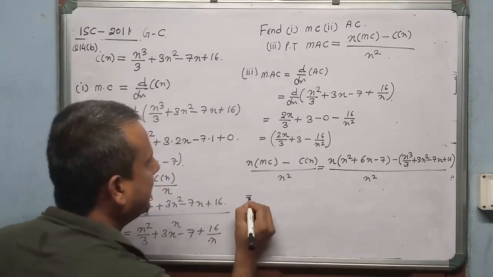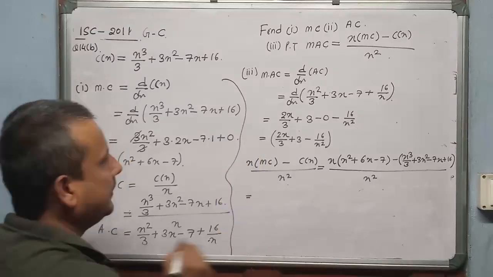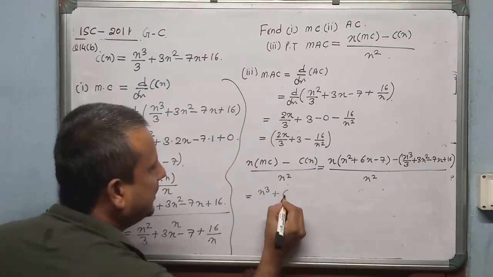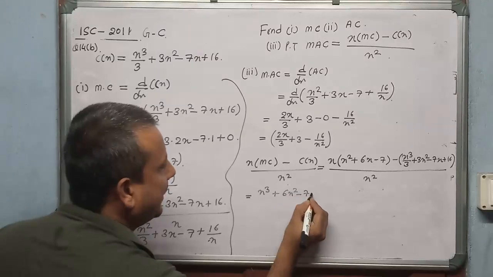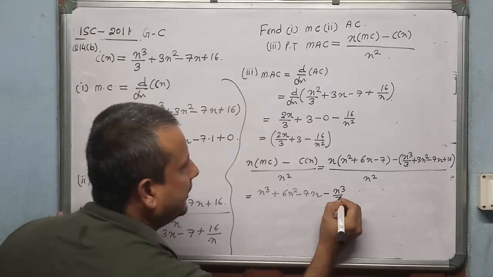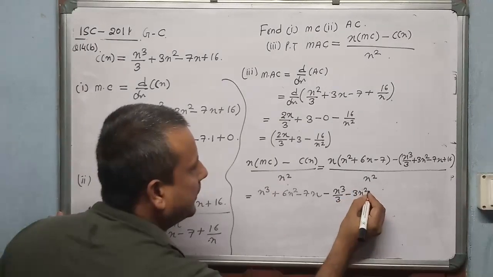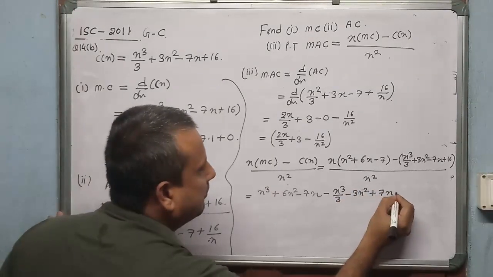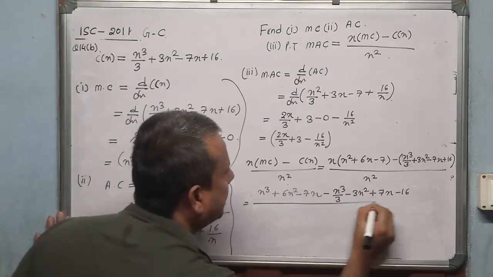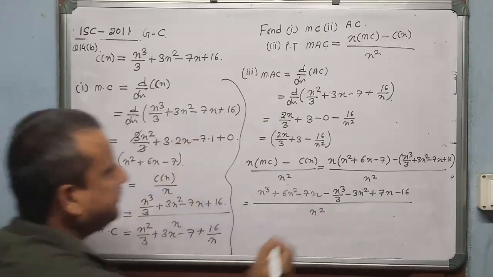Now I'll simplify this quantity. I'll open this bracket. It is x cubed plus 6x square minus 7x minus x cubed by 3 minus 3x square plus 7x minus 16, divided by x square.